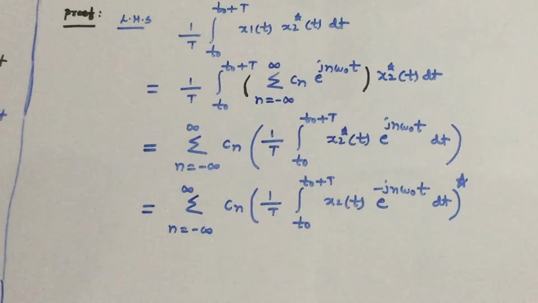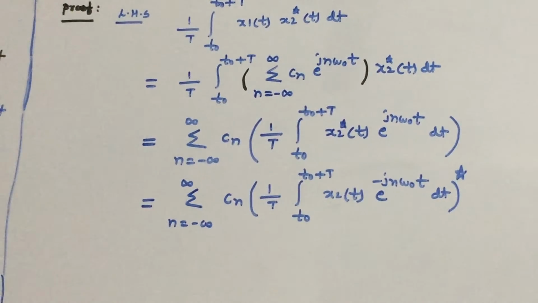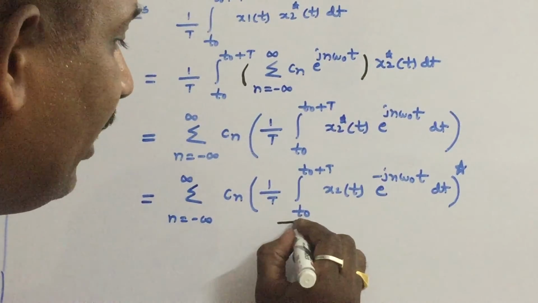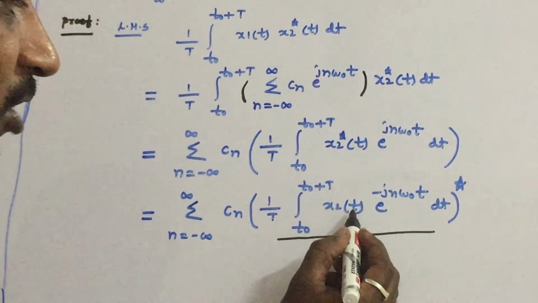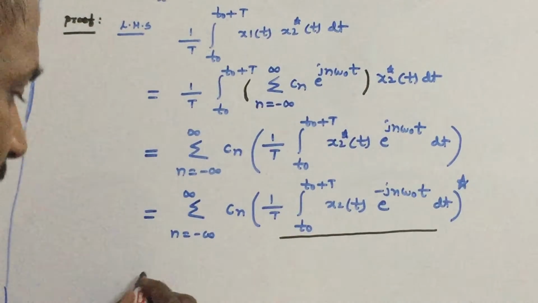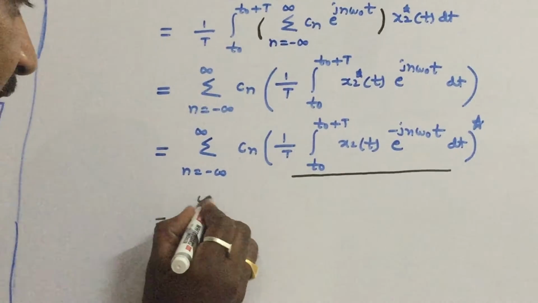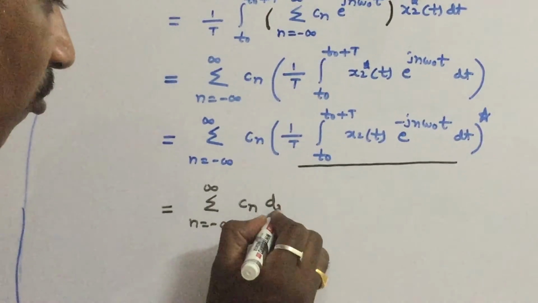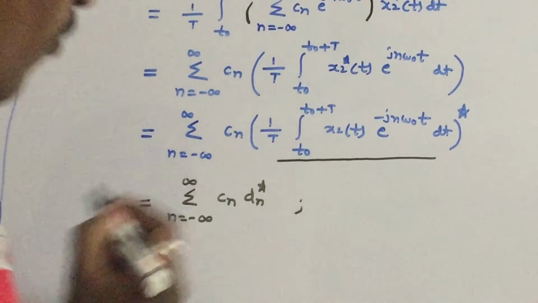So what is this entire term? This entire term is the exponential Fourier series coefficient of x2 of t, dn. If the complex conjugate star is there, then what is the answer? Summation n equals minus infinity to infinity Cn into dn star. So that is the answer.